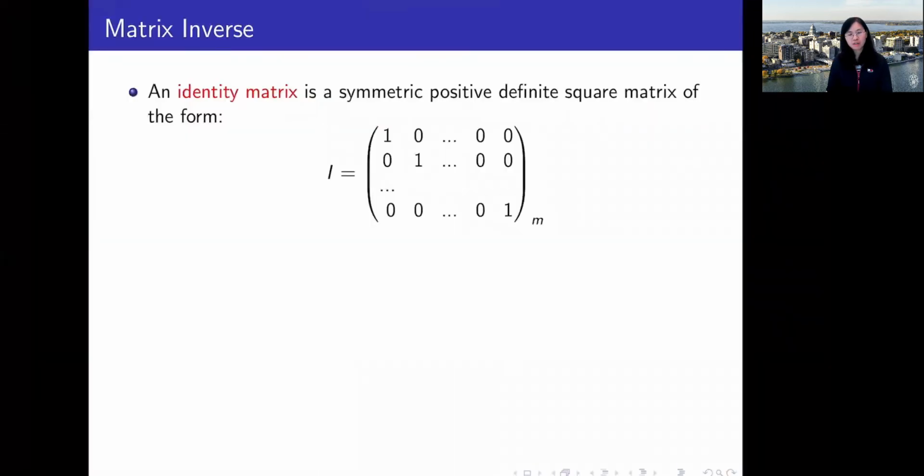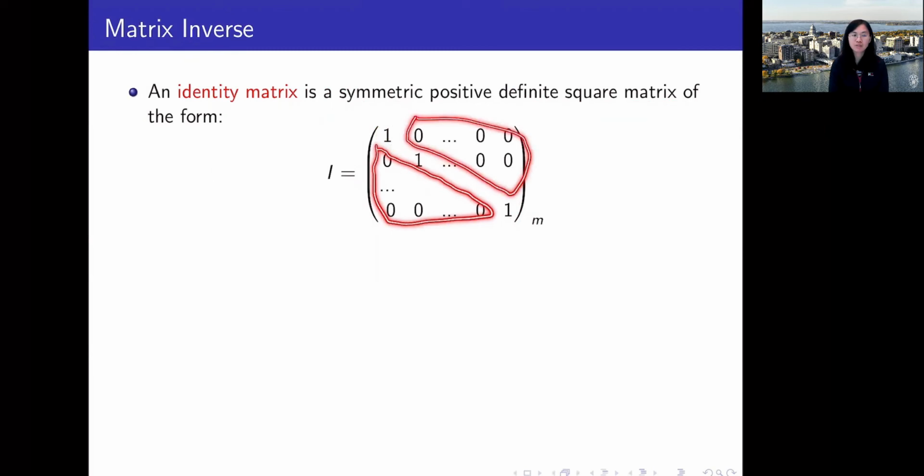All right, so one last concept is matrix inverse. Before defining matrix inverse, I want to define the identity matrix. The identity matrix is a symmetric positive definite square matrix of the following form. It's a square matrix where on the diagonal of the matrix you have all ones, and in the off diagonal locations you have all zeros.